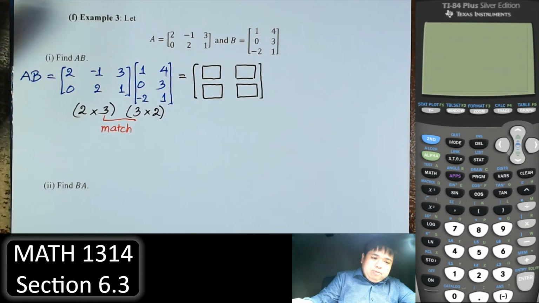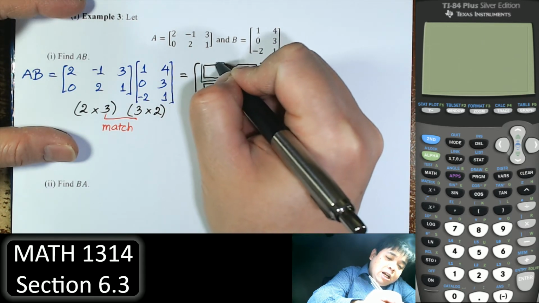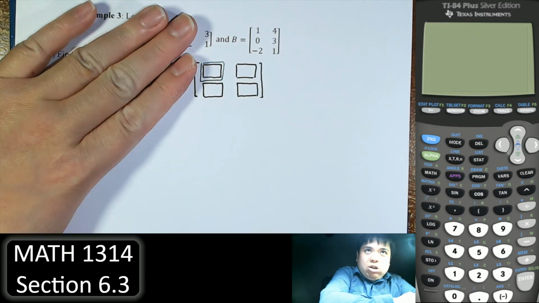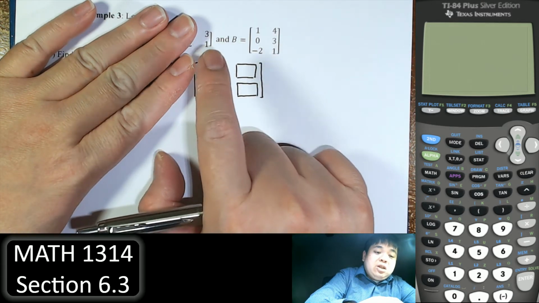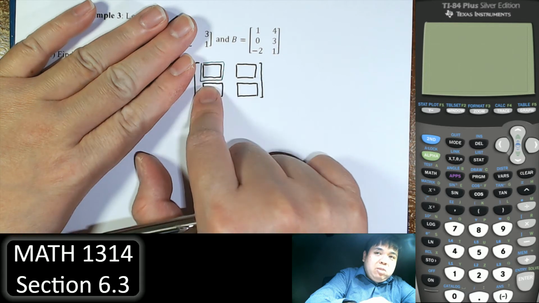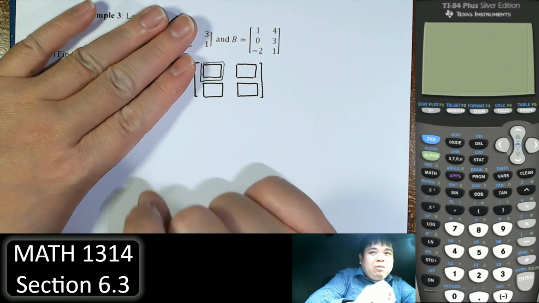Let's say we want this entry. Regardless of the matrix, this is on the first row and first column. The rows come from the first matrix, the columns come from the second.